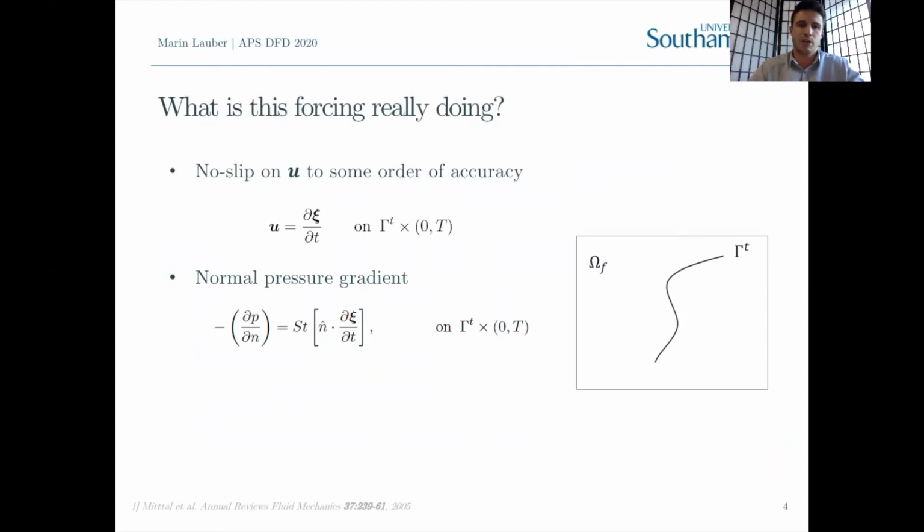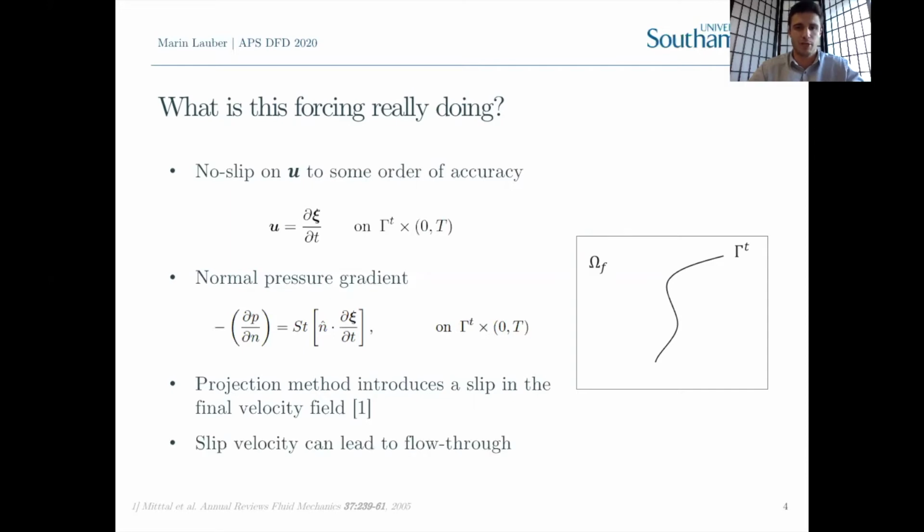This is where methods start to differ a lot, by imposing or not imposing this boundary condition at all. It is well known that for a fractional step method, not imposing this correct boundary condition can lead to a slip on the final velocity field. For very, very thin structures, this slip can actually lead to flow through. As we will see, this can corrupt your pressure forces by quite a lot if you don't deal with the pressure boundary condition correctly.